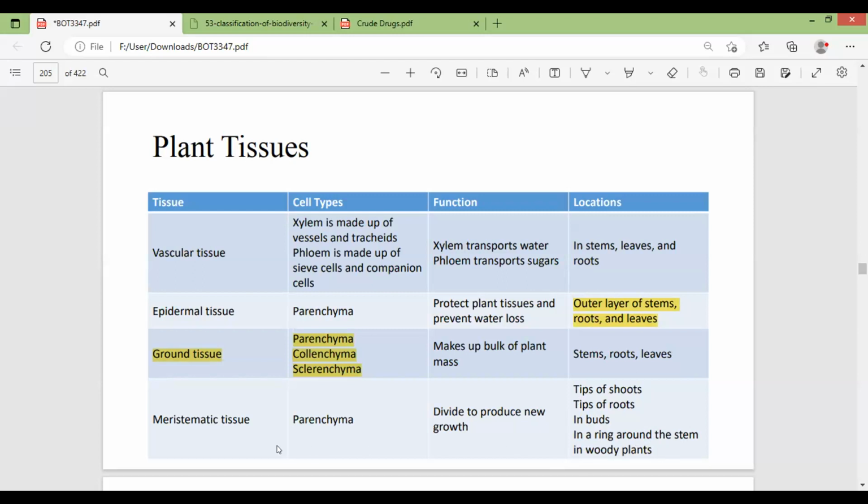So think of meristematic tissue as in our body, the hematopoietic stem cells. It can grow, right? It's not a differentiated cell. It has that thing we call totipotentiality, the ability to grow into different stuff.